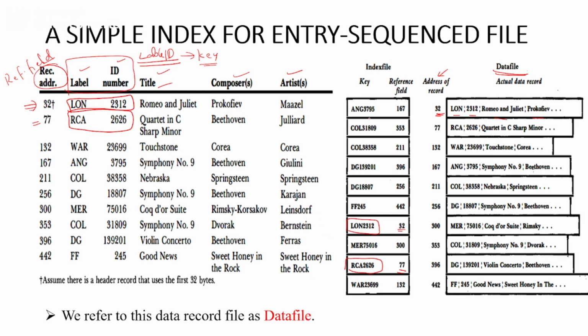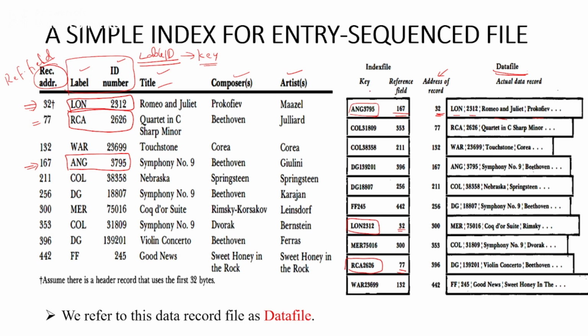The records may be anywhere in memory; they might not be stored in ascending order. See, ANG3795, where is it? It is here, and 167 is the reference field. You need to write it along with the reference field.